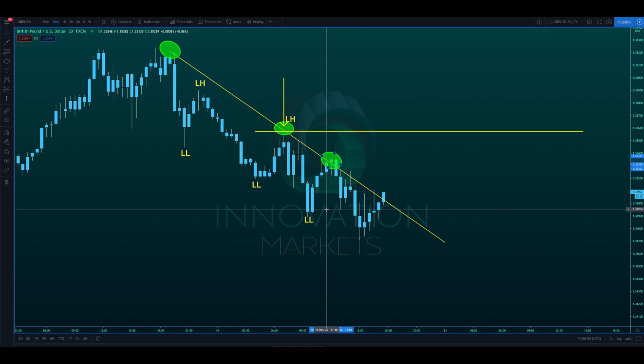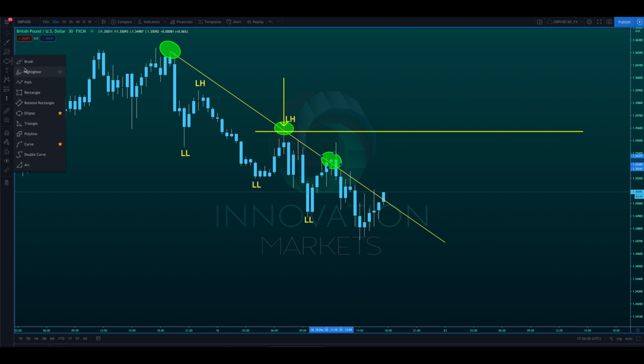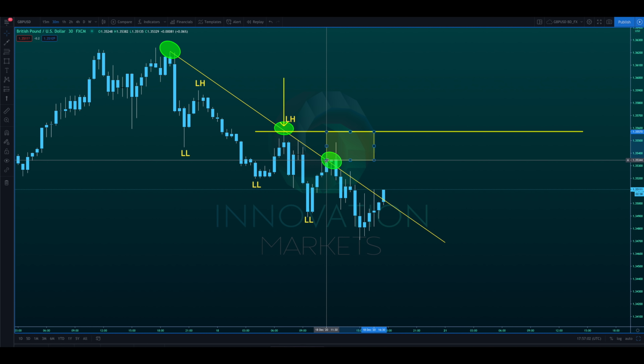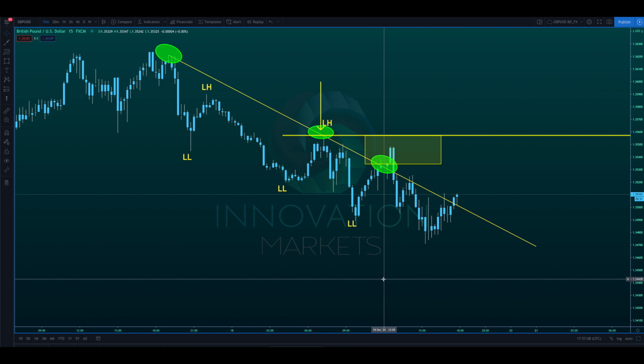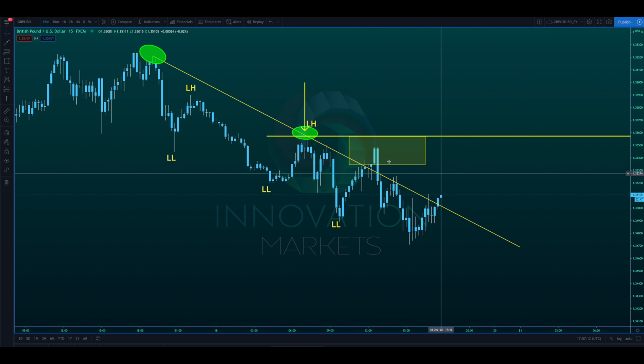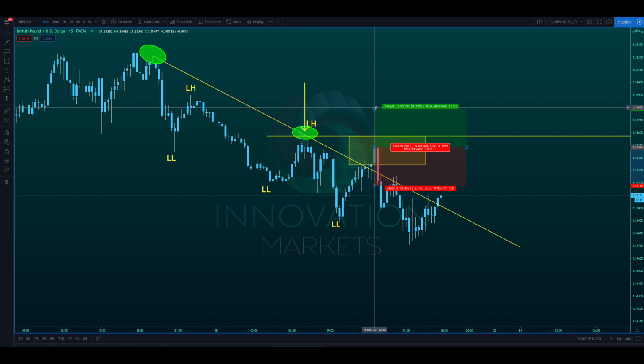What do we now know here because of market structure? We know that anywhere between this trend line and this last lower high is a potential for price to come up to. So price breaks up higher, like on a lower time frame, because we're looking at a 1 hour trend here. People watching this on the 15-minute chart that we can see here, when the price broke up higher, they would have been looking at taking a buy here. And quite quickly, price would have reversed and stopped them out for a loss.